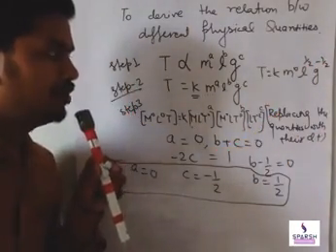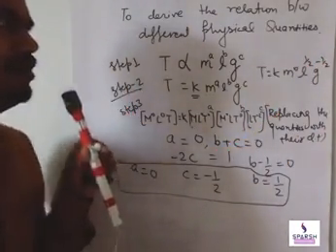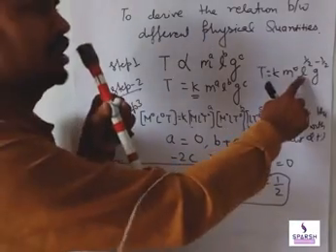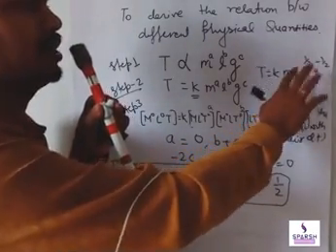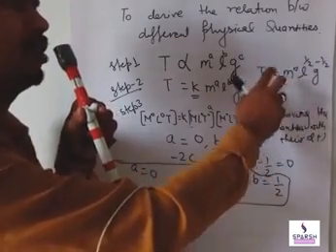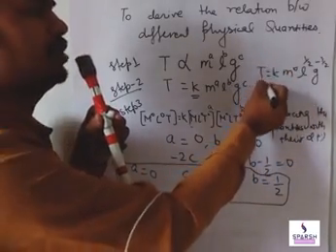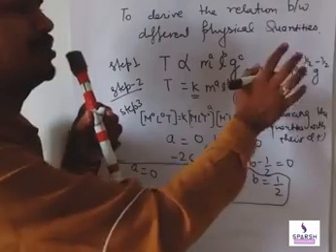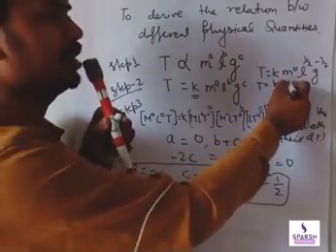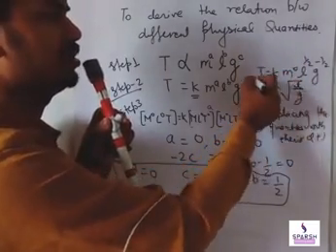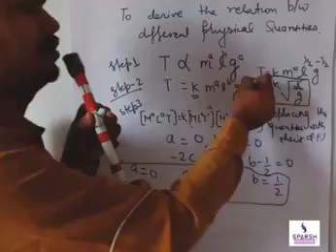So we have got the powers a, b, c. Now we have derived the formula. M to the power 0 means 1, so T will become k under root L by g. This is the derived formula.